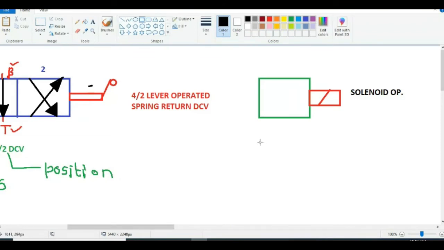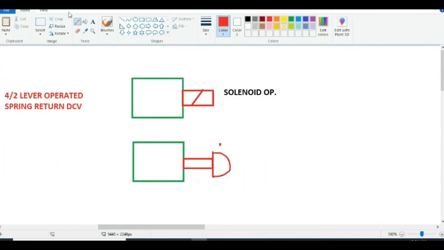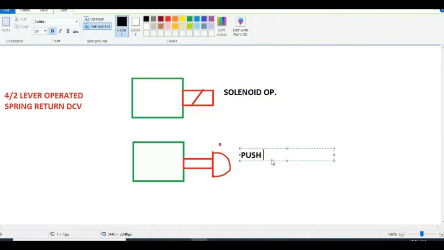Instead of this, if you represent the symbol like this and actuate it, it is called push button operated. What is the name of the symbol? Push button operated direction control valve.